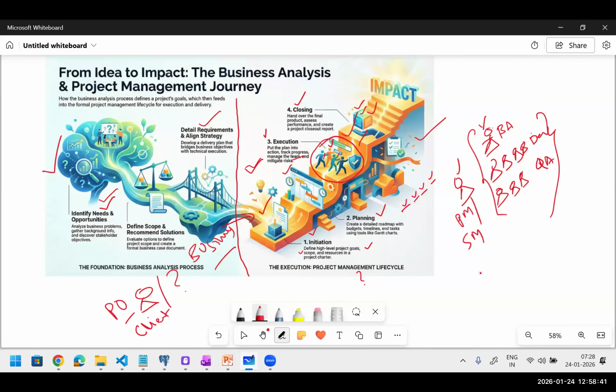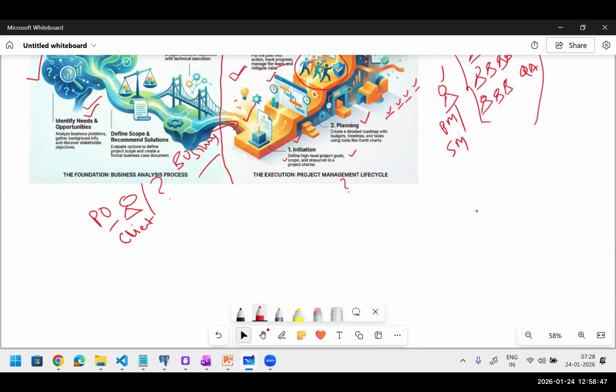And here is the team, the same team as before. You are a bridge between this project team and the business team, let's say all stakeholders. Stakeholders means a person who is directly or indirectly involved in this particular initiative.